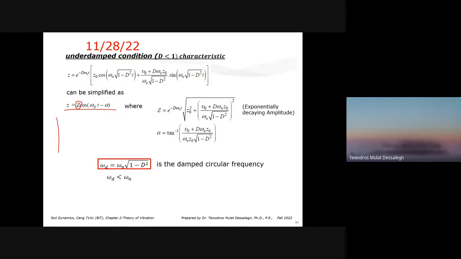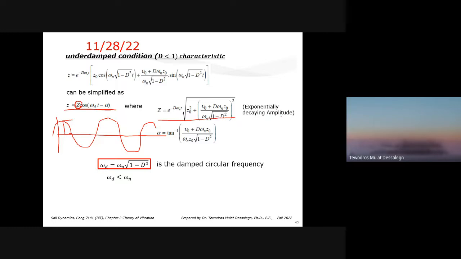If you have a cosine plot, let's say a time history plot, then the capital Z is always the amplitude. So if you see any cosine or sine equation with some constant in front of it, that's usually the amplitude. The cosine component tells you how the vibration varies with time, but the maximum value, the amplitude, is usually that coefficient. So that Z, the amplitude, is given by this equation.